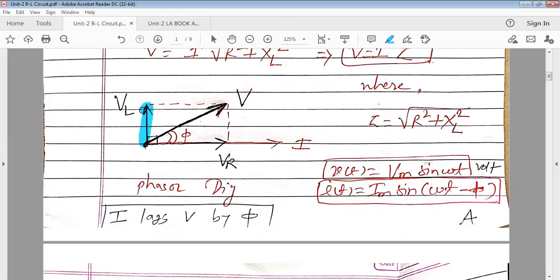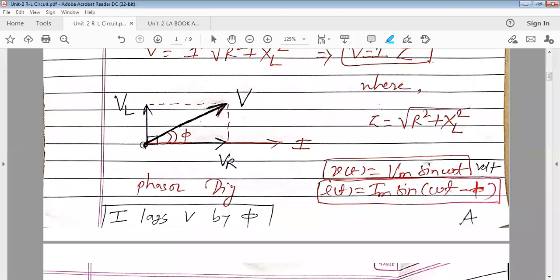So VL leads I, and a leading parameter in the phasor diagram we draw in which direction? Clockwise or anti-clockwise? Anti-clockwise. Correct. So you can see VL leading I by 90 degree in the anti-clockwise direction, isn't it? Now another equation we have seen, the phasor sum of VL and VR is V.